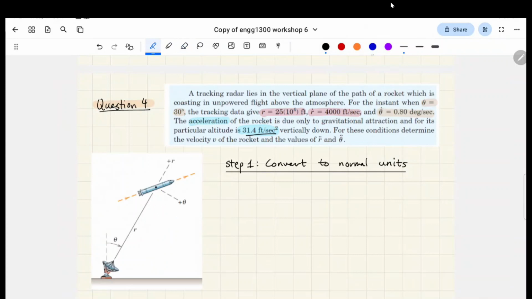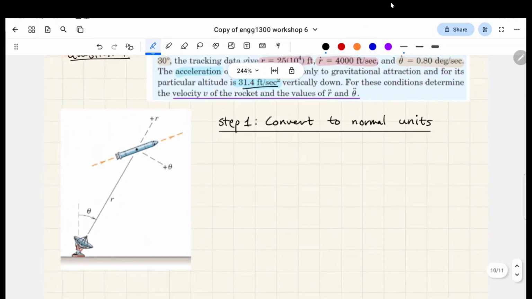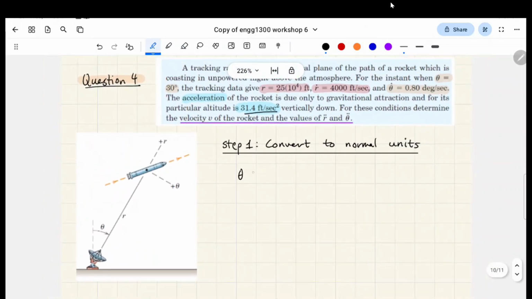The question wants us to determine the velocity v of the rocket, and the radial acceleration and angular acceleration as well. The first thing we're going to do is get rid of these horrible units. We'll write out our angle first.